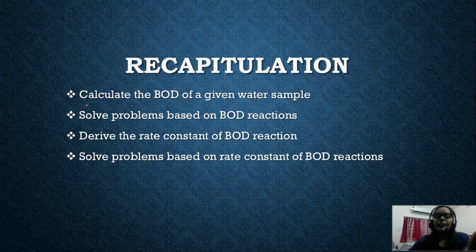First of all, we have calculated the BOD of a given water sample. We have solved the problem based on the BOD reaction. We have derived the rate constant of the BOD reaction, and again some problems we have done based on this rate constant. Okay, so this is the recapitulation of today's class.